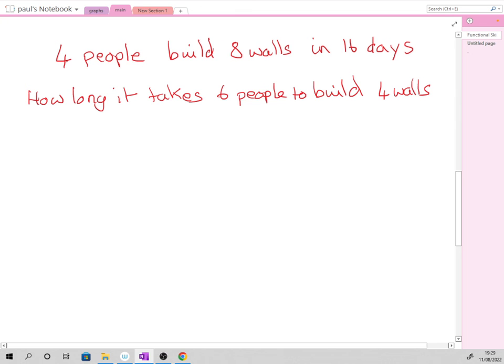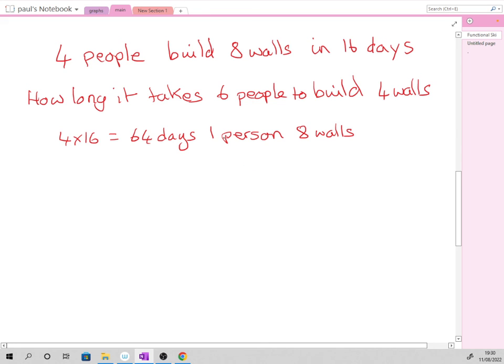So let's have a look. So 4 people, 16 days. If we do 4 times 16, which is 64 days, this would take one person to build 8 walls.